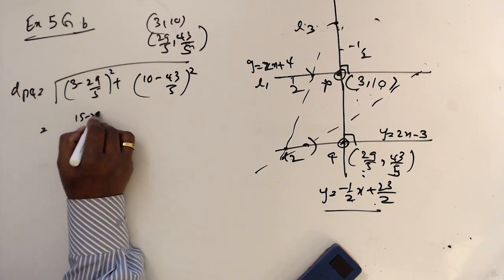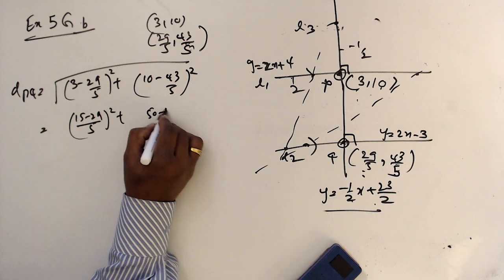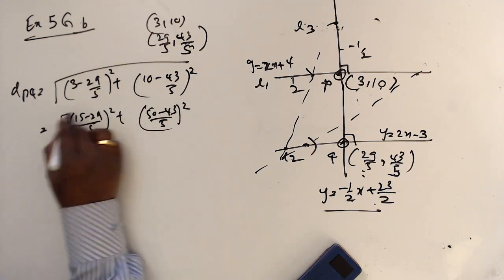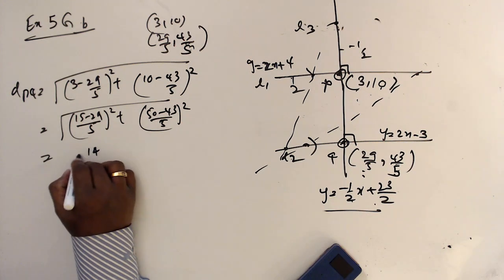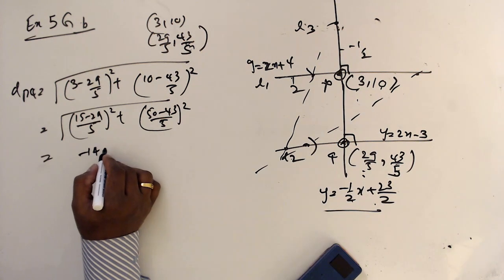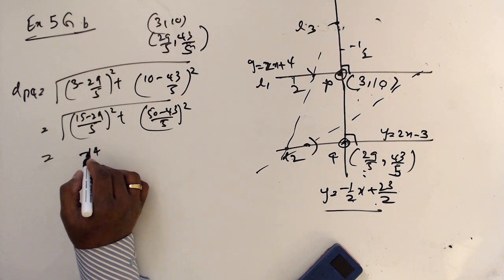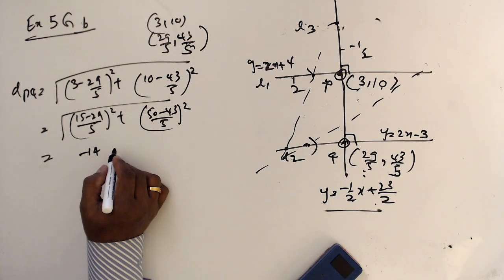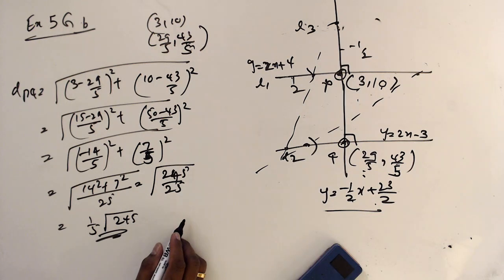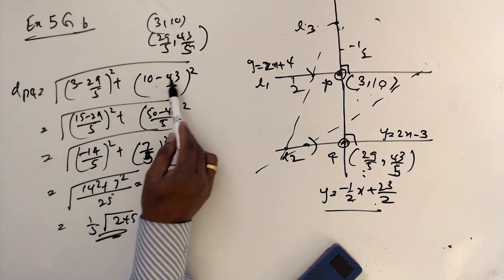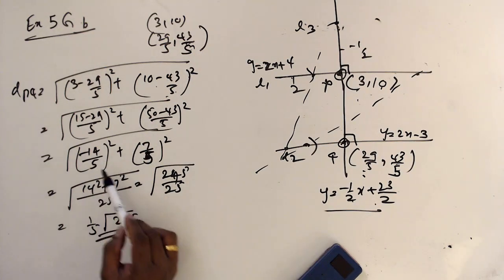This is going to be 15 minus 29 over 5 squared, then 50 minus 43 over 5 squared. So again, 3 minus 29 over 5 squared, 10 minus 43 over 5 squared, and just simplify.